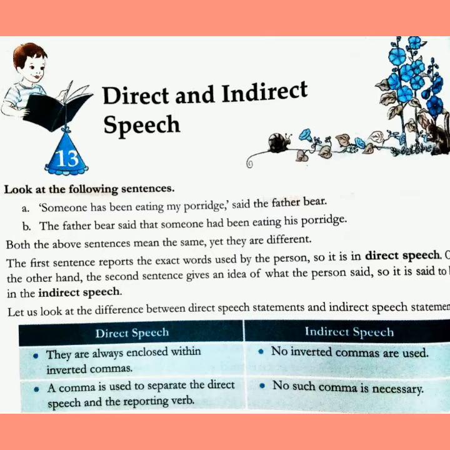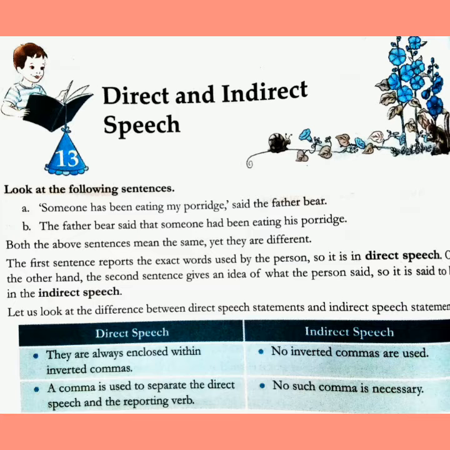Now, when we look at the following sentences, the first one: "Someone has been eating my porridge," said the father bear. And the second sentence is: The father bear said that someone has been eating his porridge.